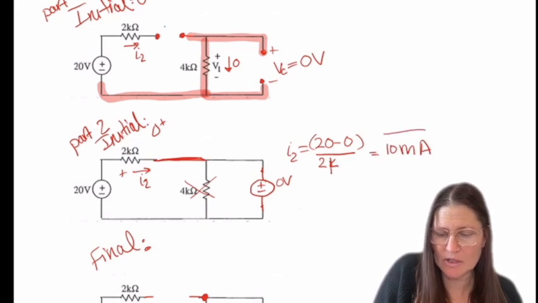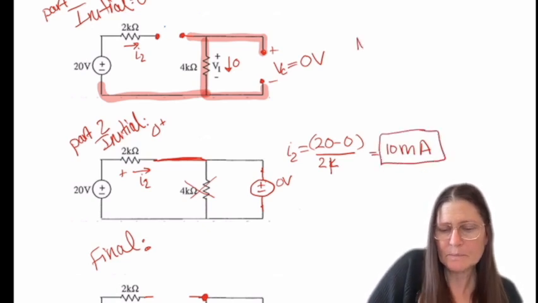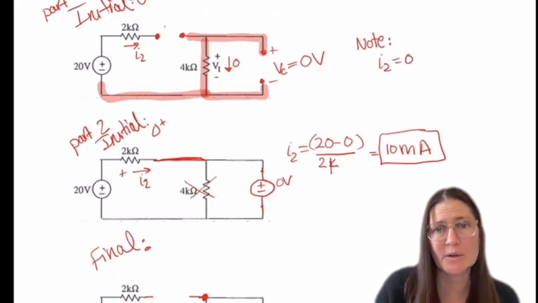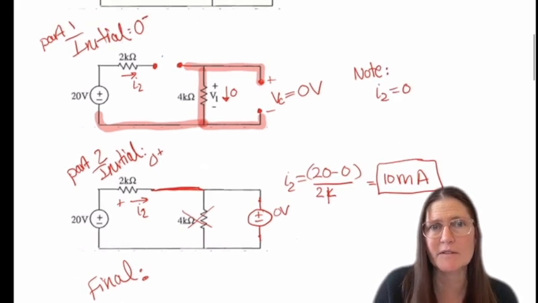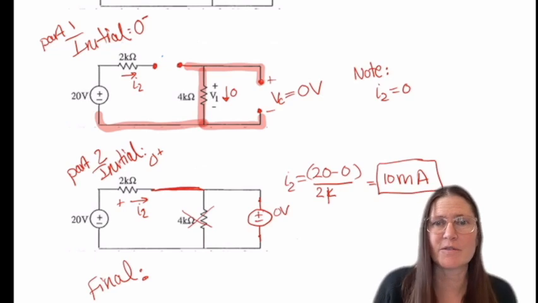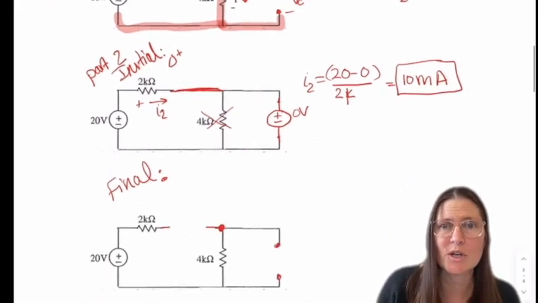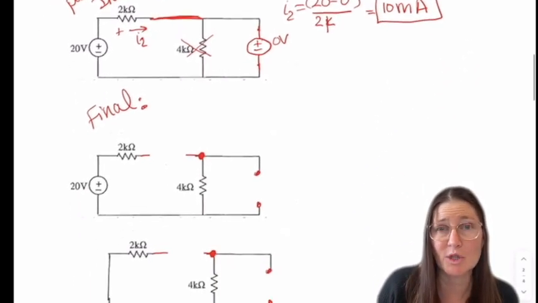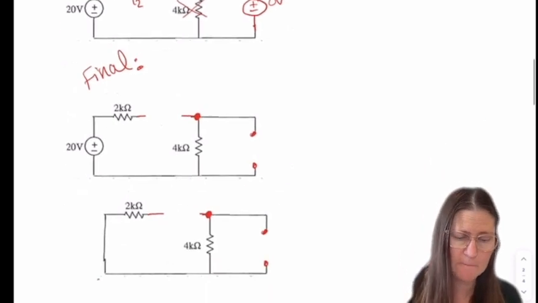So this is going to be our initial value. Note here that I2 in this case is equal to 0 at 0 minus. But again, we're trying to find it right after the switch. So 10 milliamps will be the value that we will use for the initial value.